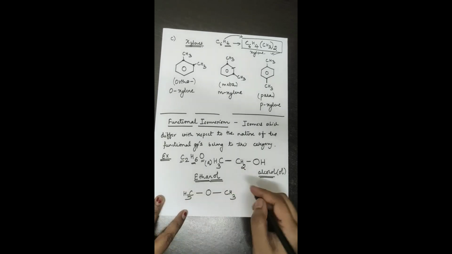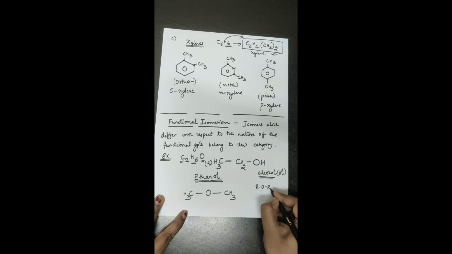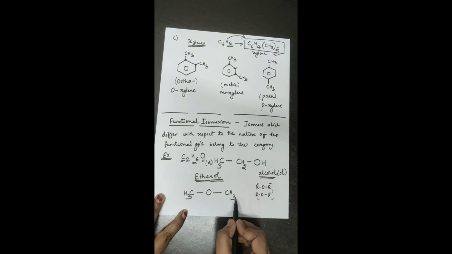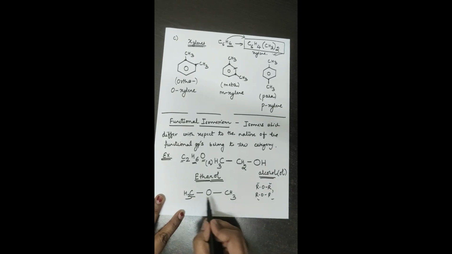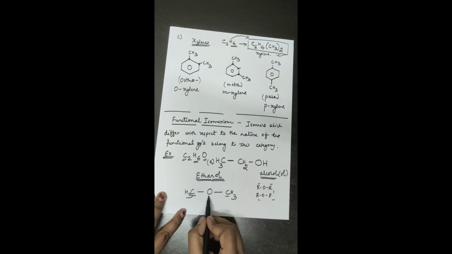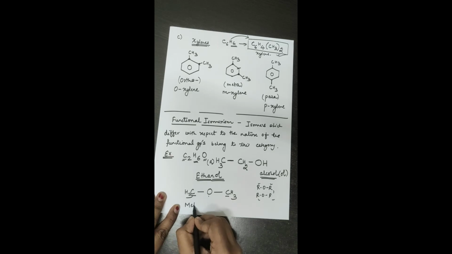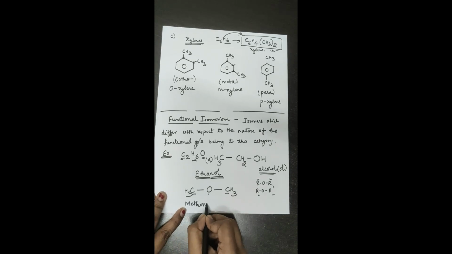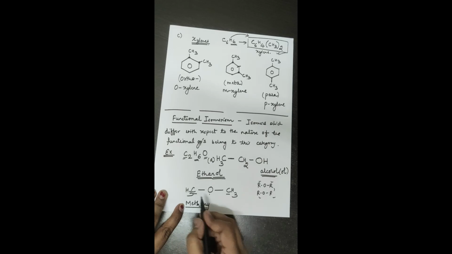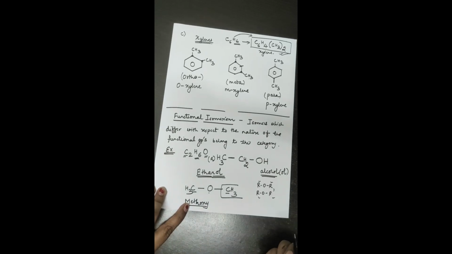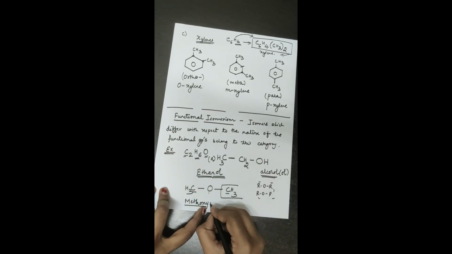ROR, or you would have studied ROR' when the alkyl groups are different. CH3OCH3, how will you name it? Since both the carbons are equal in number, so one will go with the oxygen, so it would be methoxy, the one which goes with the oxygen, methoxy, one carbon, and the one which remains, which is without the oxygen, so it would be methoxymethane, which is your ether.